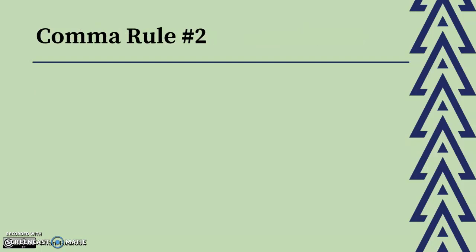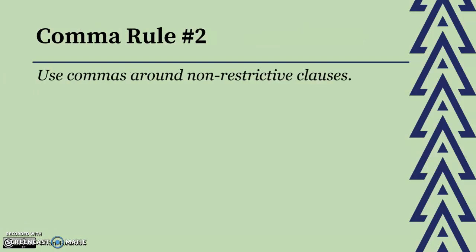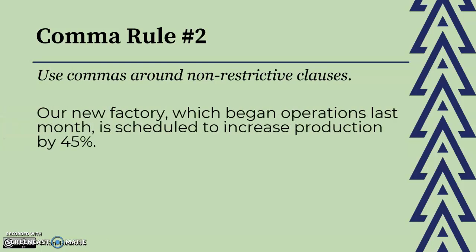Here's a comma rule to go with these. Use commas around non-restrictive clauses. For example, our new factory, comma, which began operations last month, comma, is scheduled to increase production by 45%. Okay, is this correct? Let's take a look. The clause here, which began operations last month.